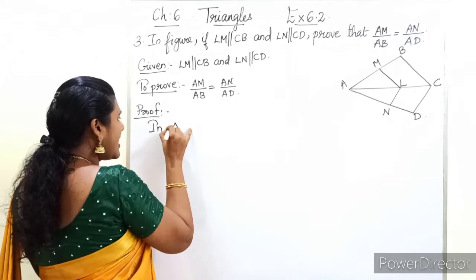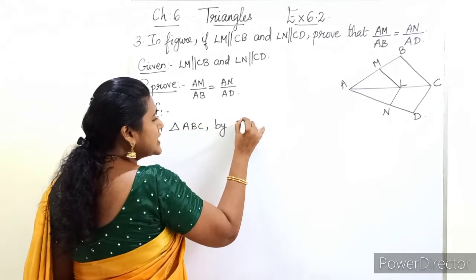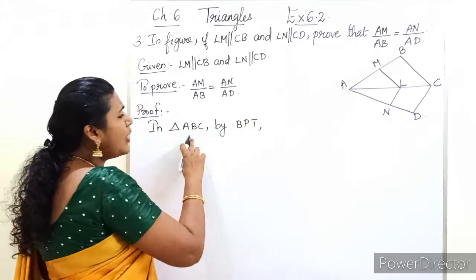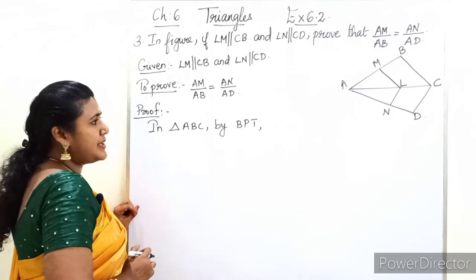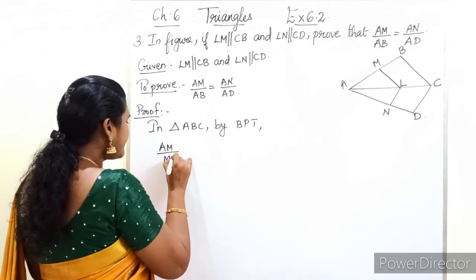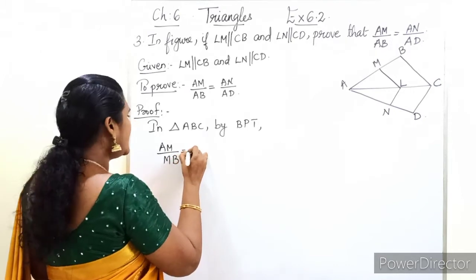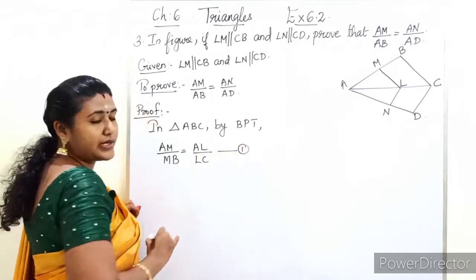So in triangle ABC, by basic proportionality theorem, why basic proportionality theorem? Because LM is parallel to CB. We can write AM by MB is equal to AL by LC. So this is our first equation.